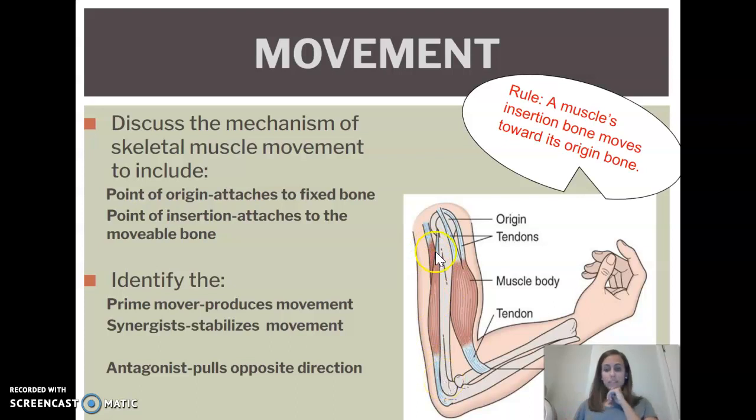And what that means is when your triceps muscles contract, they act to do the opposite motion, or straighten your arm, okay? So when we're talking about the biceps bending the elbow, the triceps muscle does the opposite motion. It extends or straightens the elbow.